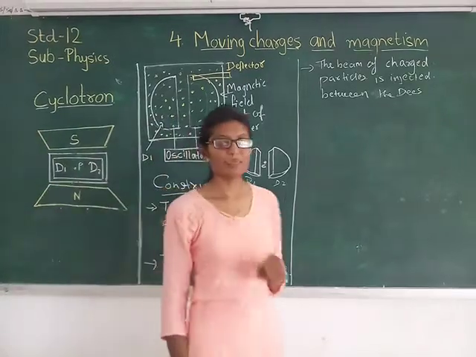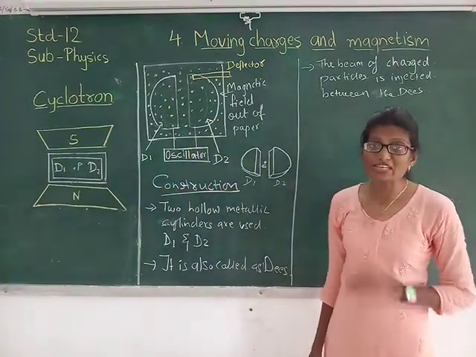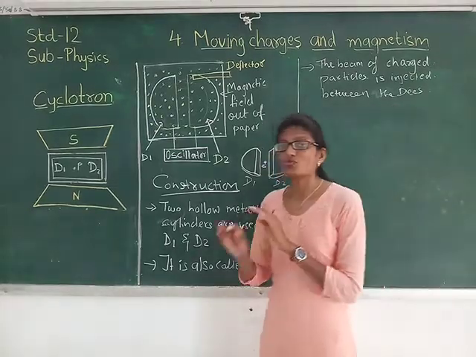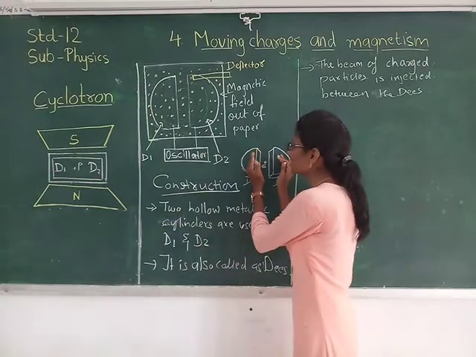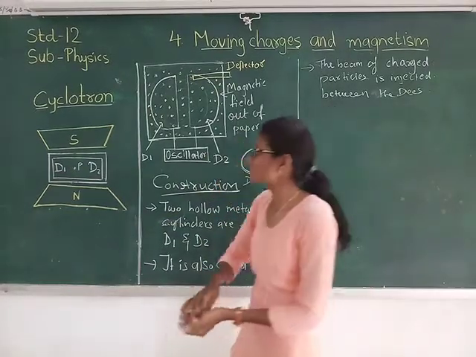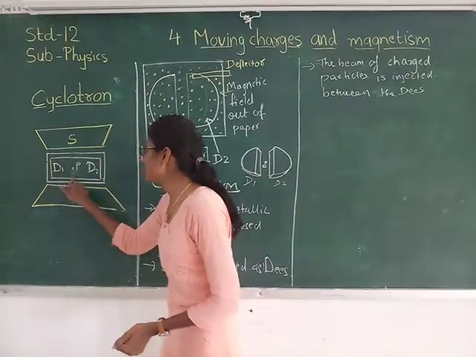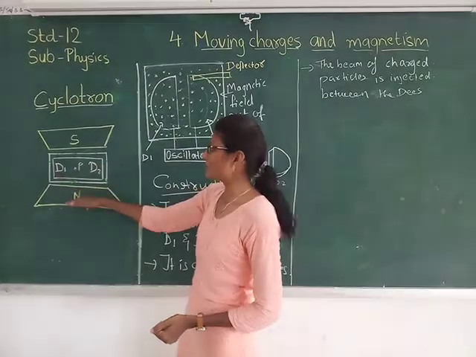Now the second principle that we had is that there should also be the magnetic field, right? So what we are doing over here is that these two D's, D1 and D2, are mounted between two magnets.